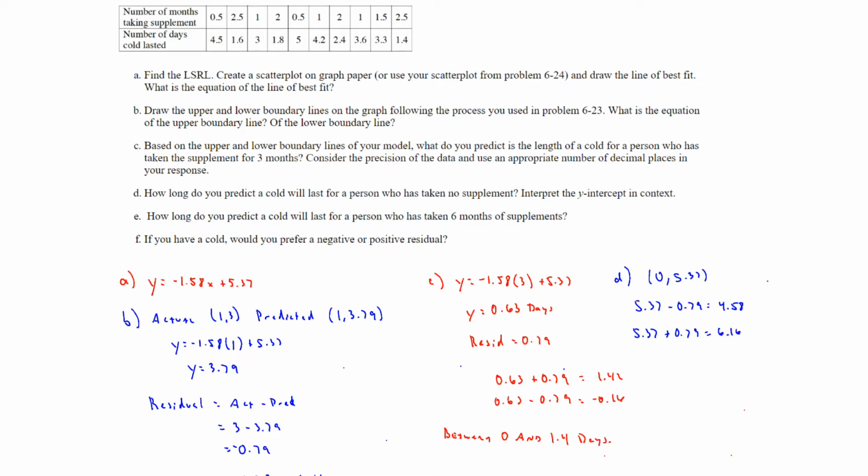So once again, rounded to the nearest tenth, we would say if they did not take a supplement, how long we would predict the cold to last. We would say between 4.6 and 6.2 days.